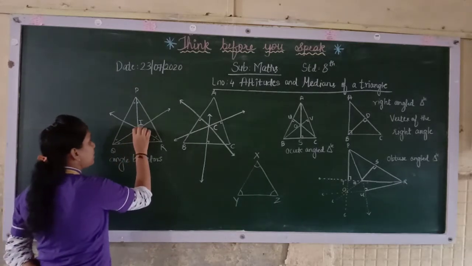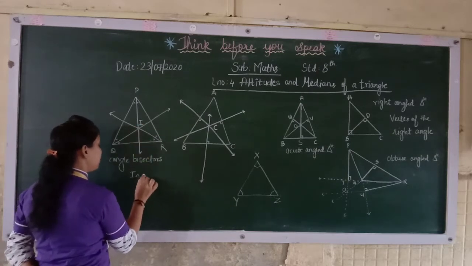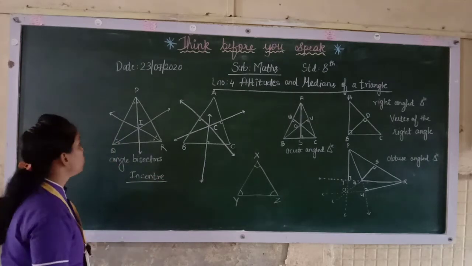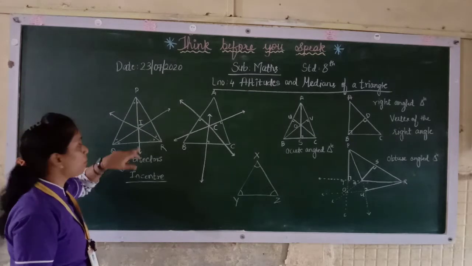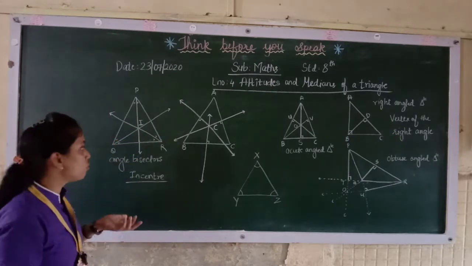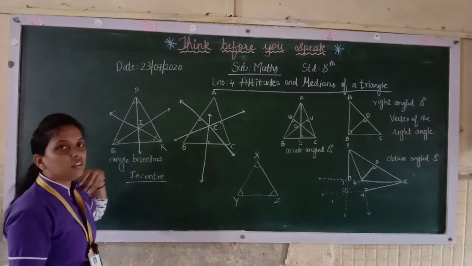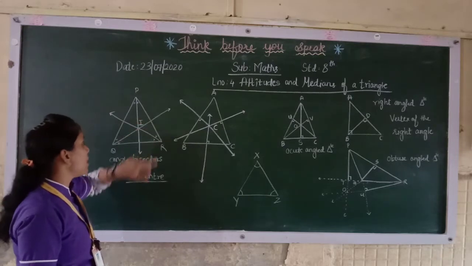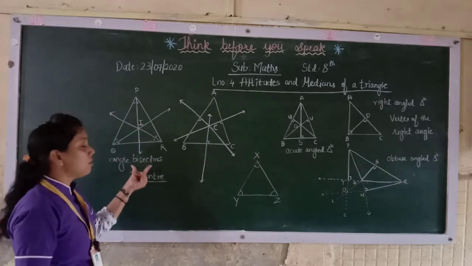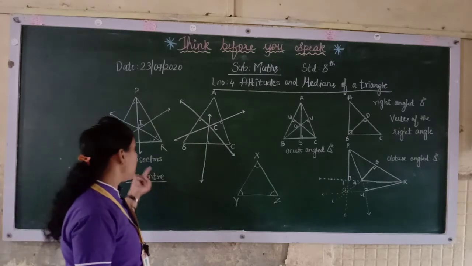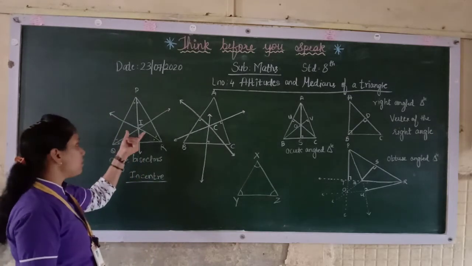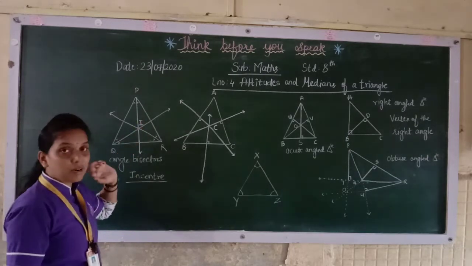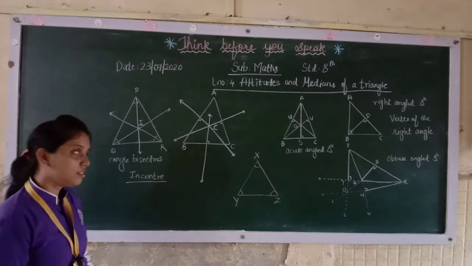Where they are meeting, that point is known as the incenter. The point of concurrence is a point where two or three lines meet. Here we have three angle bisectors, and the point where they meet is the point of concurrence, known as the incenter. So always remember, where the angle bisectors meet, the point of concurrence for angle bisectors is denoted by I, which is known as the incenter.